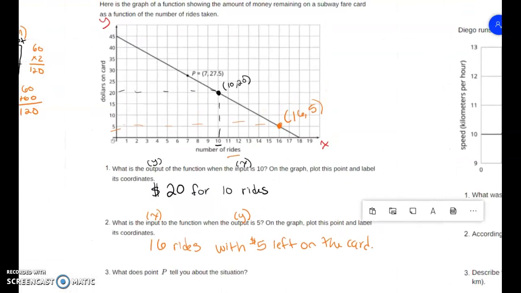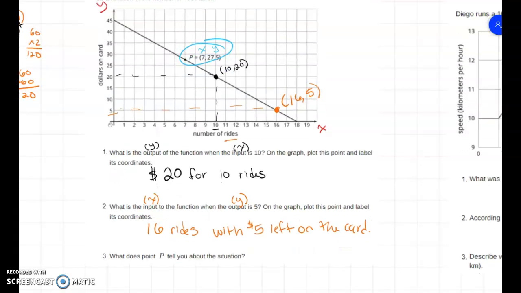So what does this point right here, P, tell us? Well, I can see that it's 7, which is our x, so 7 rides, and y, $27.50, is how much money is on the card.